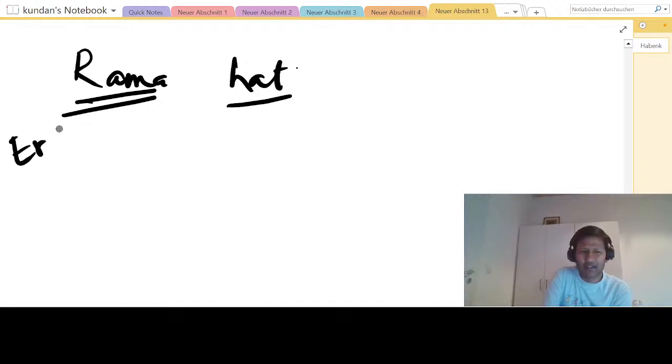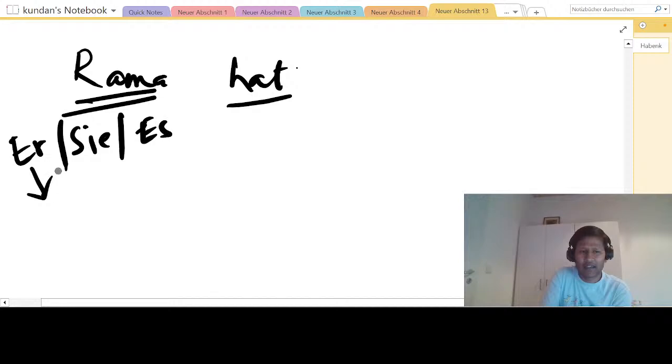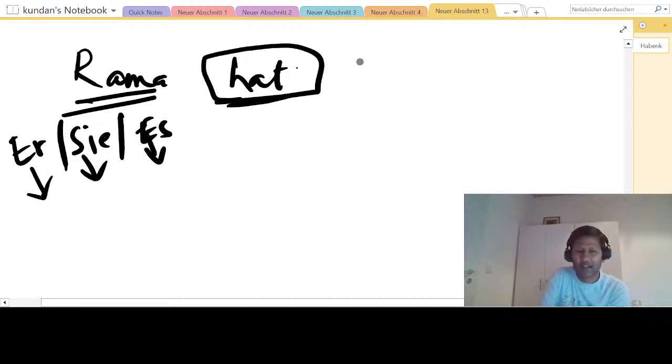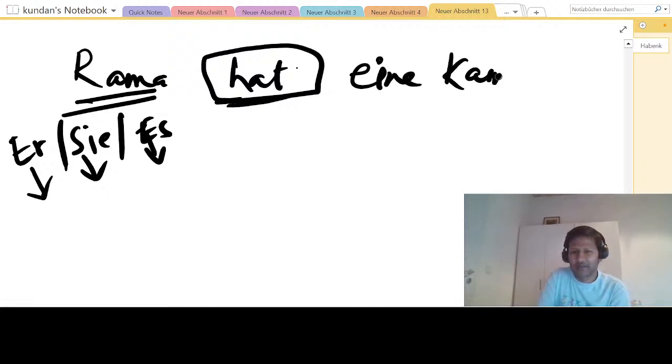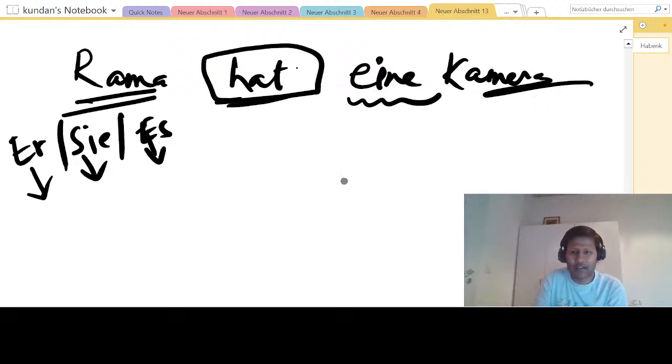ARG we have seen already, ARG and S. This is he, she, and it. The form of haben is hat. Rama hat eine Kamera. Whatever the spelling is, don't worry about it, but I'm interested more in this word, eine. So what next can we take as an example?